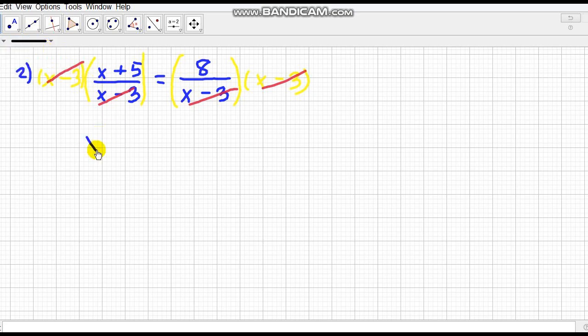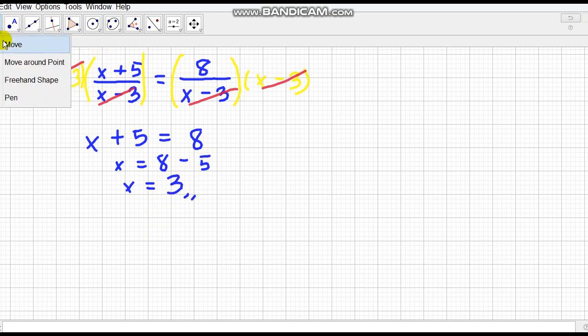So what's left? We have x plus 5 is equal to 8. Transpose the 5 to the other side, so x is equal to 8 minus 5, which is x equals 3. Therefore, the solution is x equals 3.